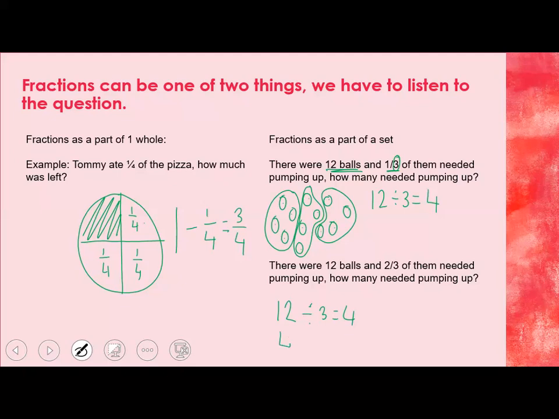So I have to take that 4 and multiply it by 2 to give me 8. And I can just go back to my drawing to check, can't I? I've got 2/3 of the footballs need pumping up. So here's 1/3, and here's another third. How many footballs in those 2/3 together? 1, 2, 3, 4, 5, 6, 7, 8. Now remember, whenever you are working out, you should feel free to make drawings and diagrams and things for yourself.